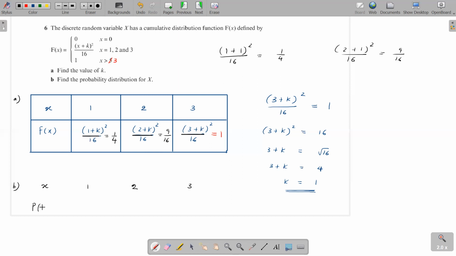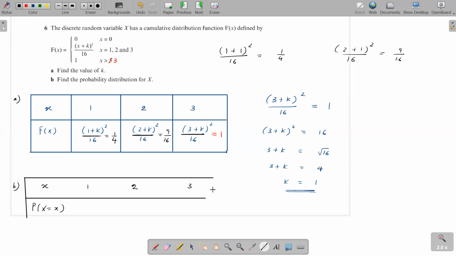Time to construct the probability distribution, because the question says to build the probability distribution. How do we go about it? The first one, when x equals 1, the cumulative probability is given.